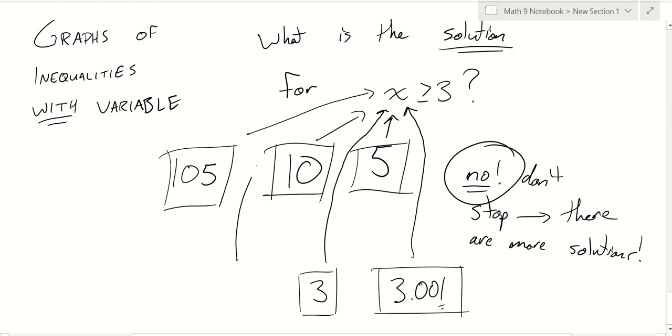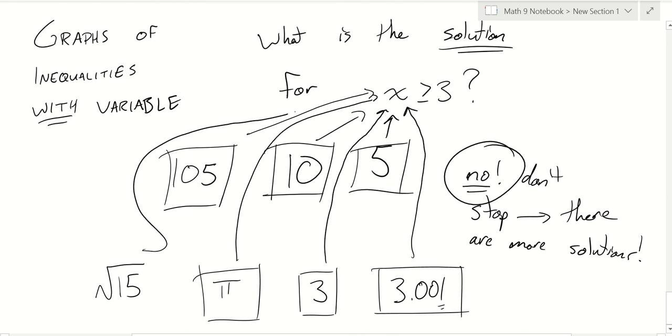So this is starting to look crowded, right? Because we could also put in the number pi. Pi is greater than 3. We could also put in the number square root of 15, right? That is definitely greater than 3 because the square root of 15 is in between 3 and 4, right? Pretty close to 4, actually. So, can we think of another number? Absolutely, we can think of another number.